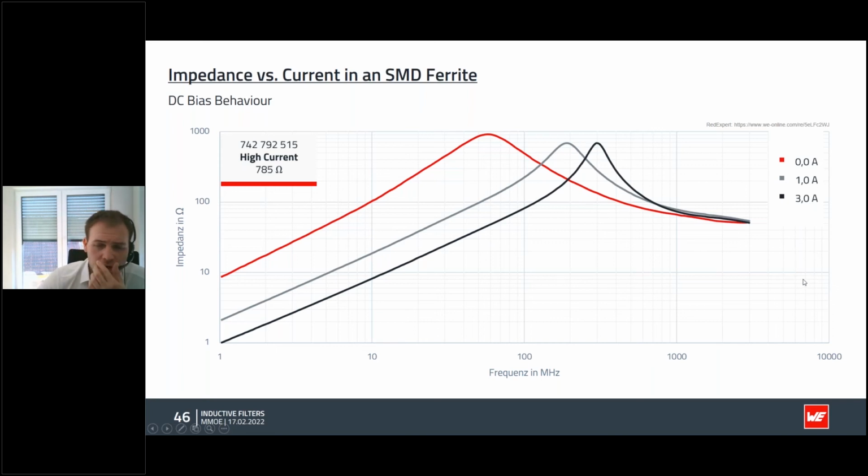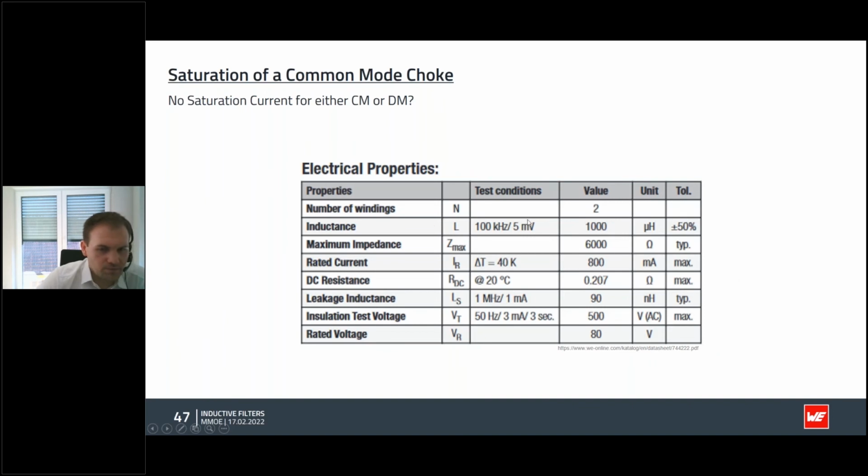Okay, now we have talked about power inductors, and we have talked about SMD ferrites as a filter and how they are saturated. But in the next step, we're going to look at the common mode choke. And surprisingly, when we take a look at the data sheet of a common mode choke, we can see no saturation currents.